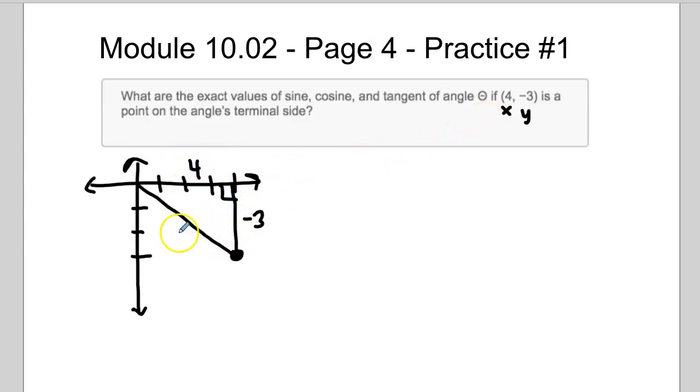We have a right angle here, so to find r, we just need to use the Pythagorean theorem. Or if you know your special right triangles, this is a 3, 4, 5. The radius will be 5, but to show you why, we take one leg squared, so -3 squared, plus the other leg, 4 squared, equals the radius squared.